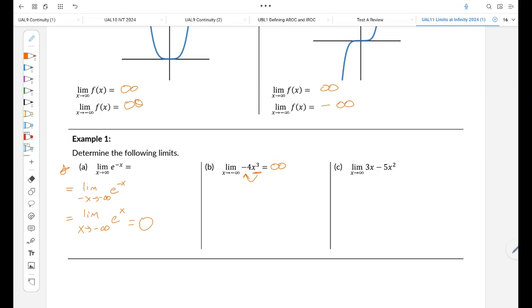We're looking at what happens to the result. Take a not giant number like 100. 3 times 100 is 300. But here I'm squaring that 100. So instead of 2 zeros, I got 4. So I've got 300 minus 50,000.